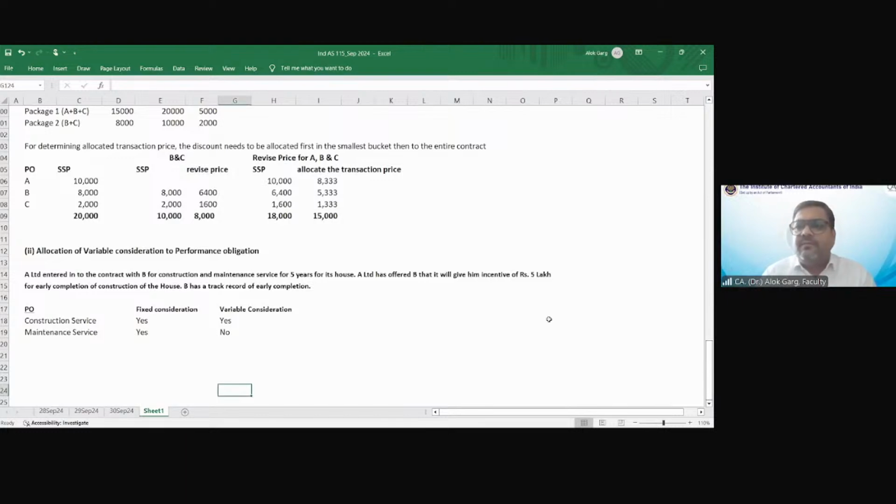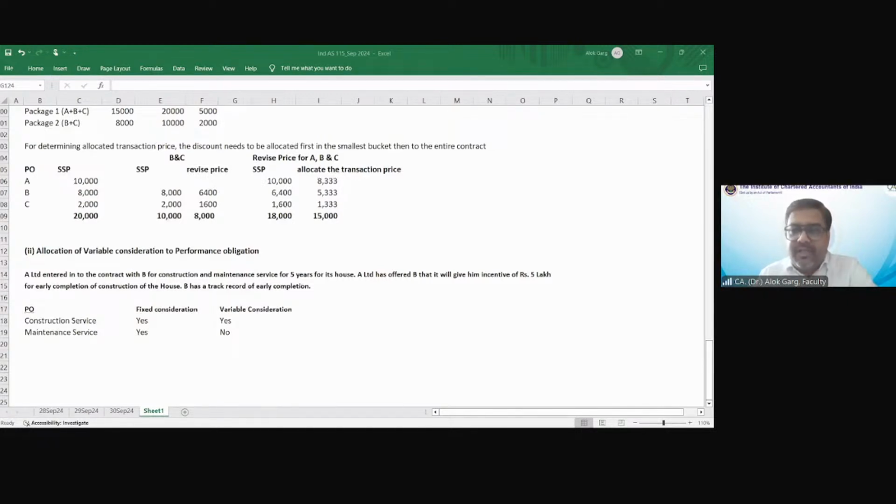Okay. Anyone who has any question? If not, then is there any need for this particular clause for allocating variable consideration, or are there multiple chances where variable consideration is to be allocated to different performance obligations? First of all, talking about the variable consideration, in this case there were only two performance obligations, construction and maintenance.